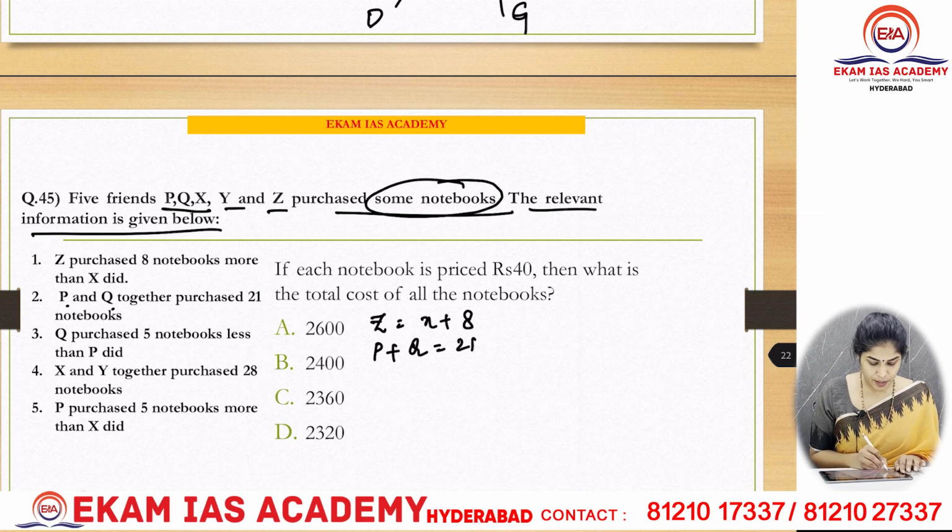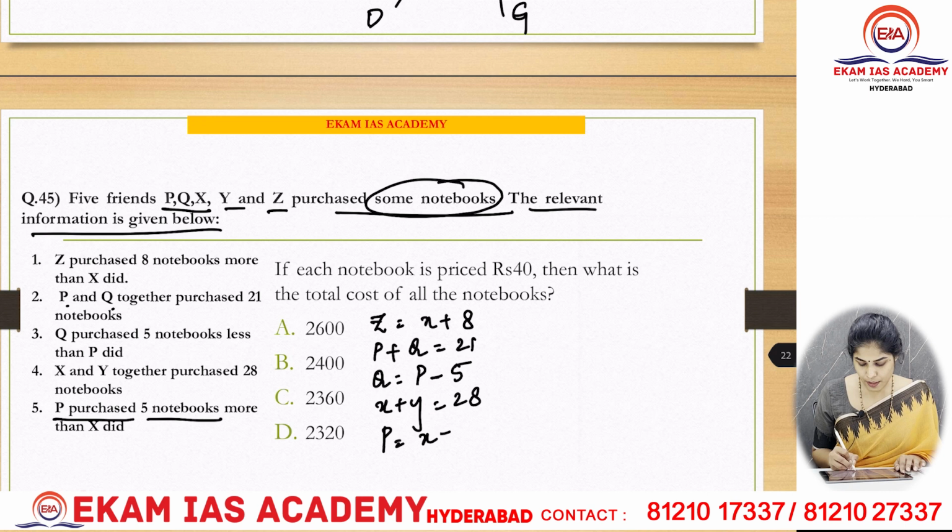Q purchased 5 books less than P did. So Q is equal to P minus 5. X and Y together purchased 28 books. P purchased 5 books more than X did. P is equal to X plus 5, right?